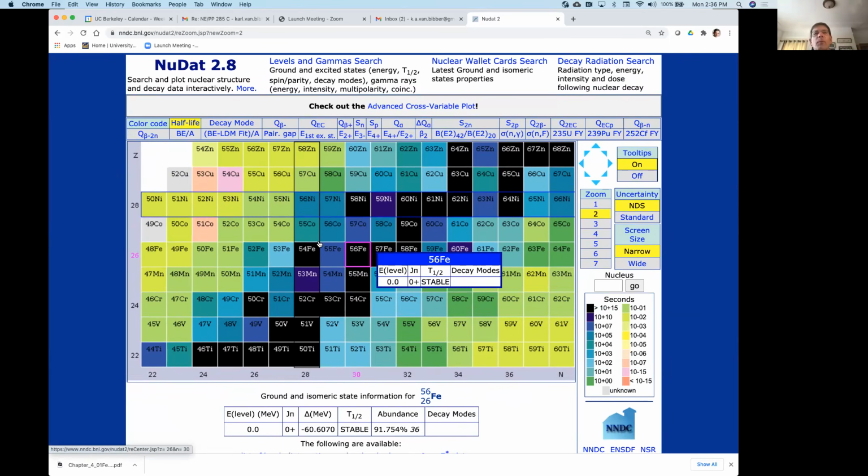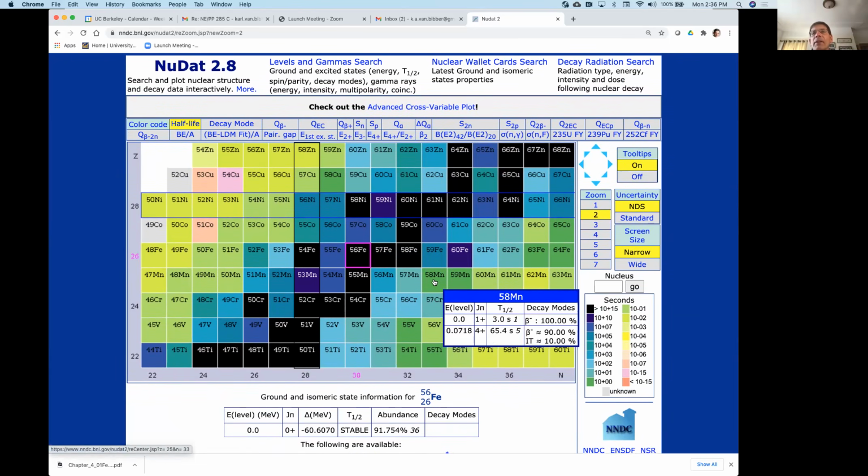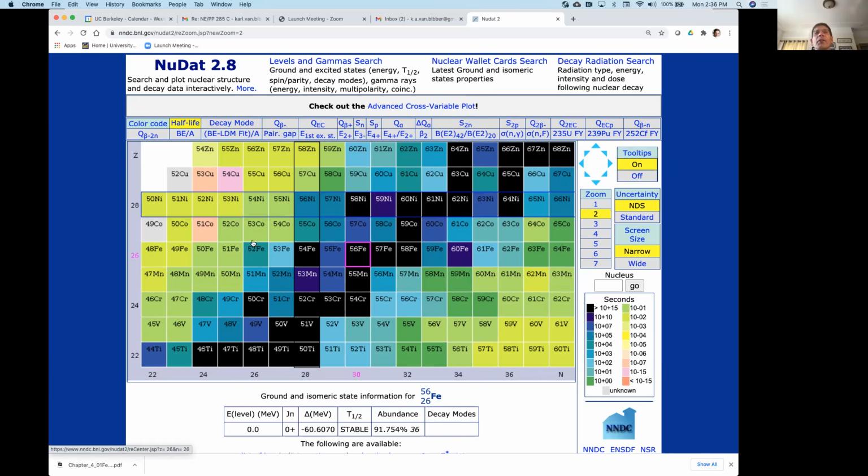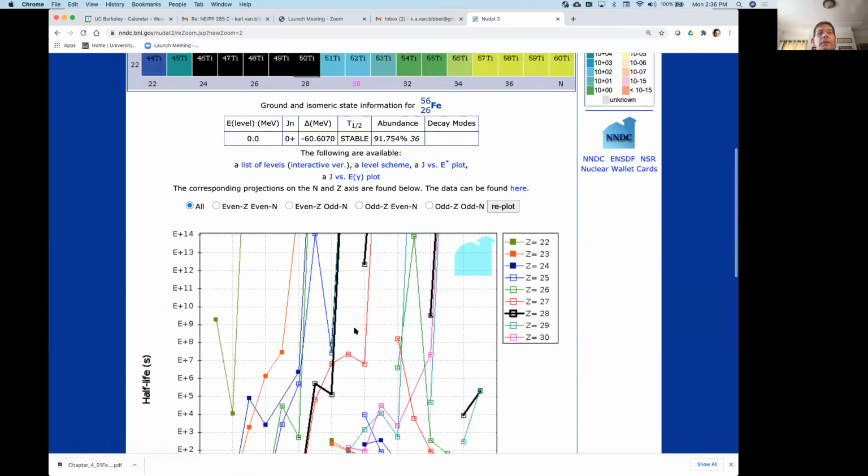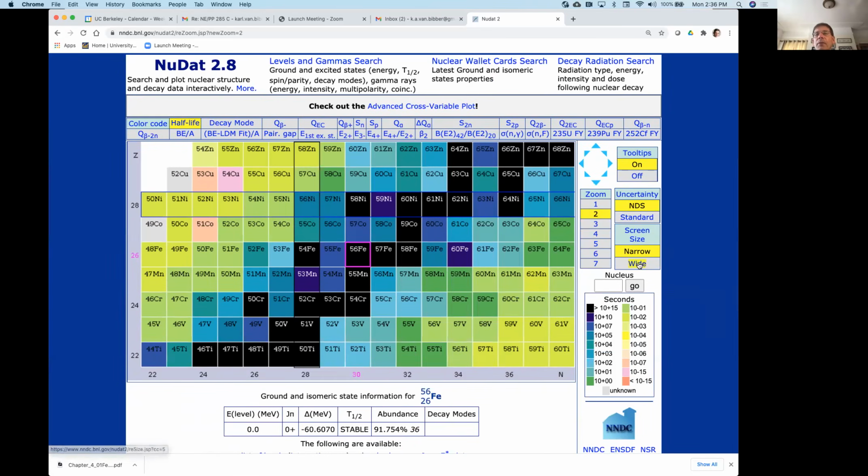I'm abysmally colorblind, so this is of lesser utility to me than it is to you, but I can tell there are different colors. There's lots of information here that is not important to you, but if you're a nuclear engineering major and you love nuclear physics, Lee Bernstein will help you love nuclear physics, then this is an absolutely fascinating database. Okay, on we go.